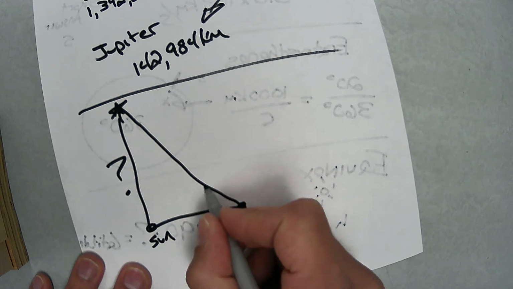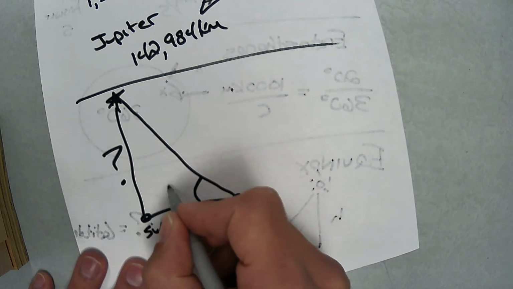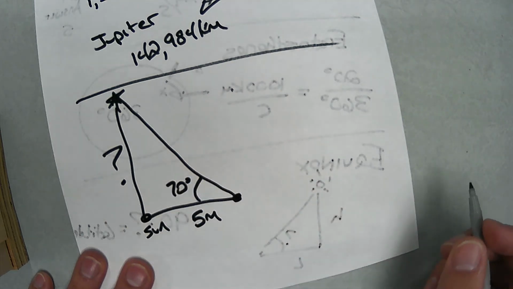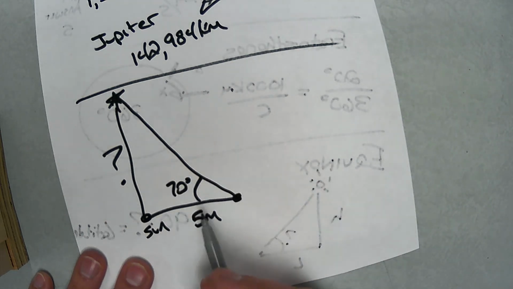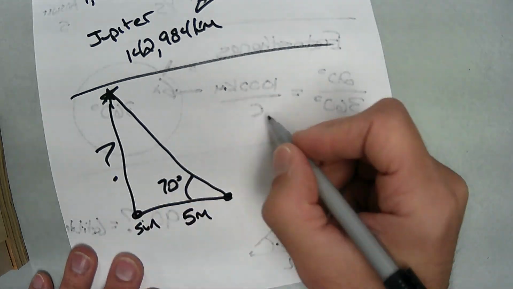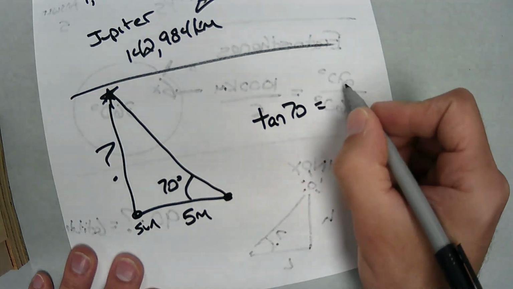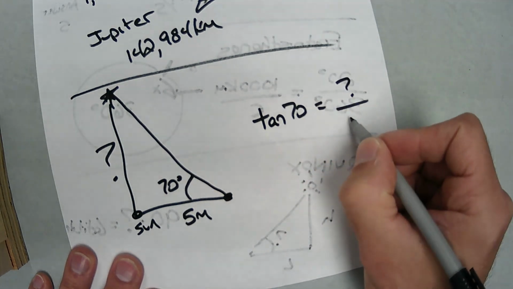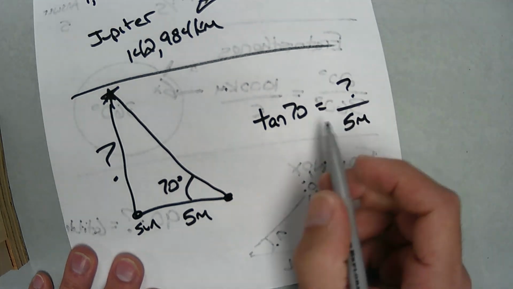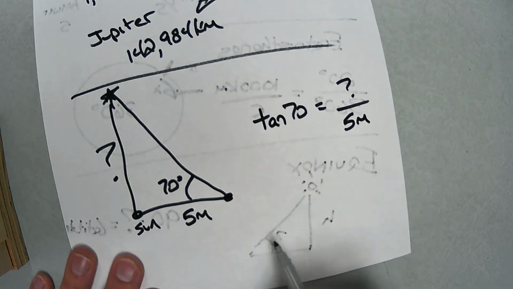And we measure this angle right here. Let's say that angle is, I don't know, 70 degrees, okay? Well, now I just have to do the tangent function, right? Because it's opposite over adjacent. Tangent of 70 is going to be equal to the question mark, the opposite over the adjacent, which is 5 meters. And then you just solve for the question mark. Bring the 5 over there, multiply by tangent of 70, and that's going to give you your answer.